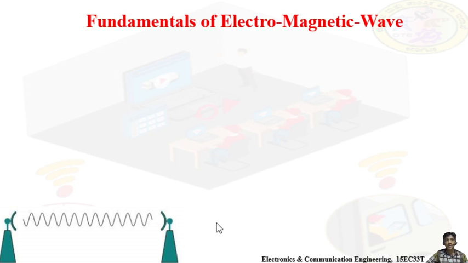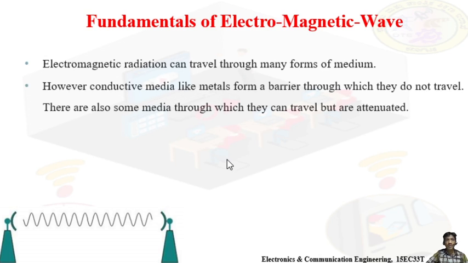Therefore, an electromagnetic wave can travel through many forms of medium. However, conductive media like metal form a barrier through which they do not travel. In some cases, they can travel but are attenuated.